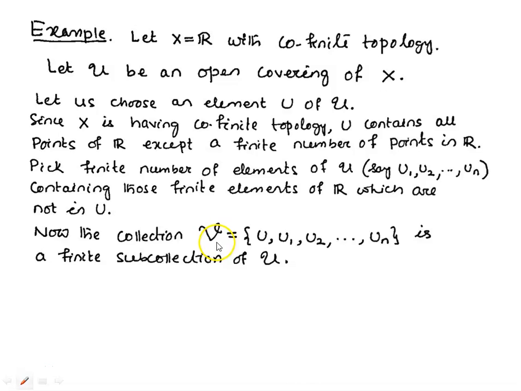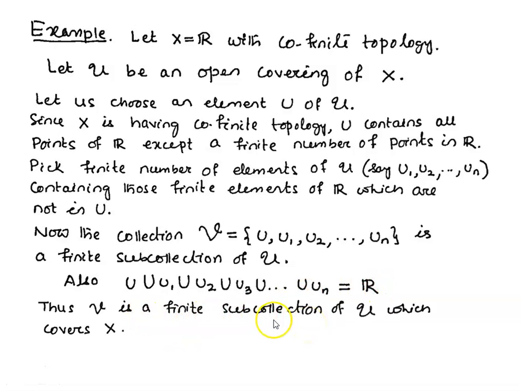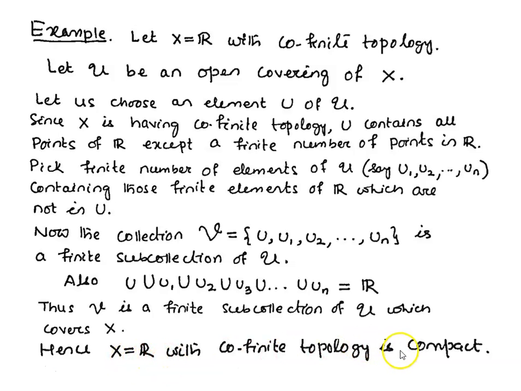So finally we get a finite subcollection V of U, and the union of all these members covers R. U union U1 union U2 union U3 up to union Un is equal to R, because the first set U contains all elements of R except n elements, and for those n points we have these open sets U1, U2, U3 up to Un, which contain those n points which are not in U. So the union of all these open sets is equal to R. Thus, V is a finite subcollection of U which covers X. Hence, the real line with co-finite topology is compact.